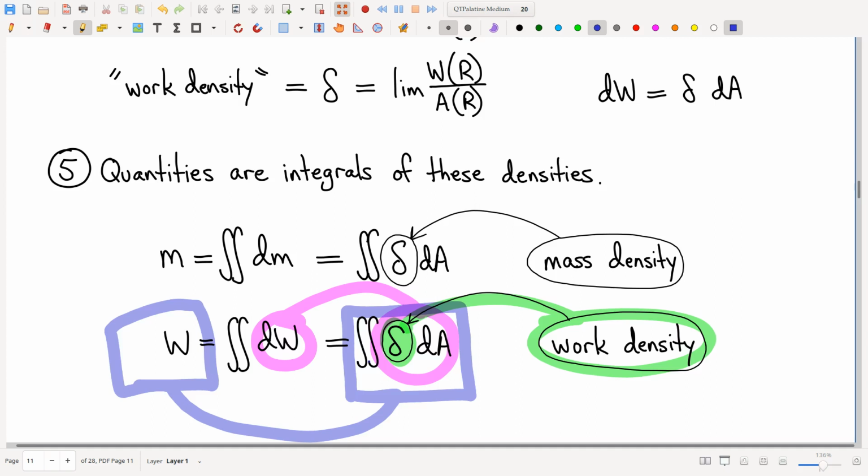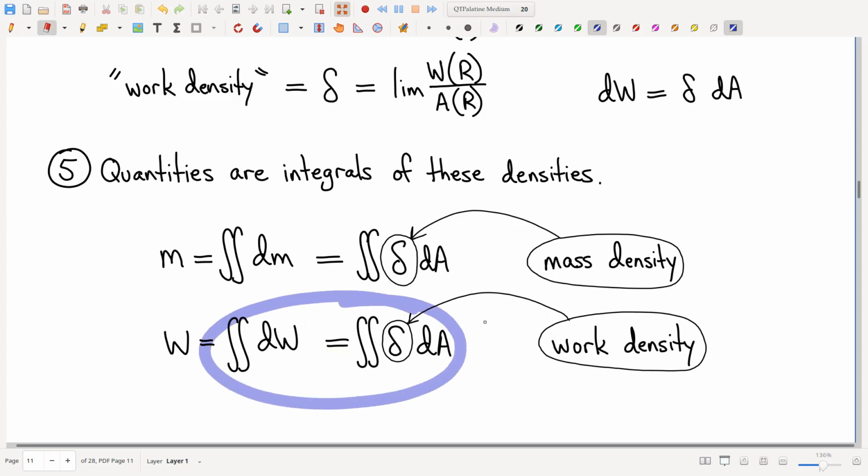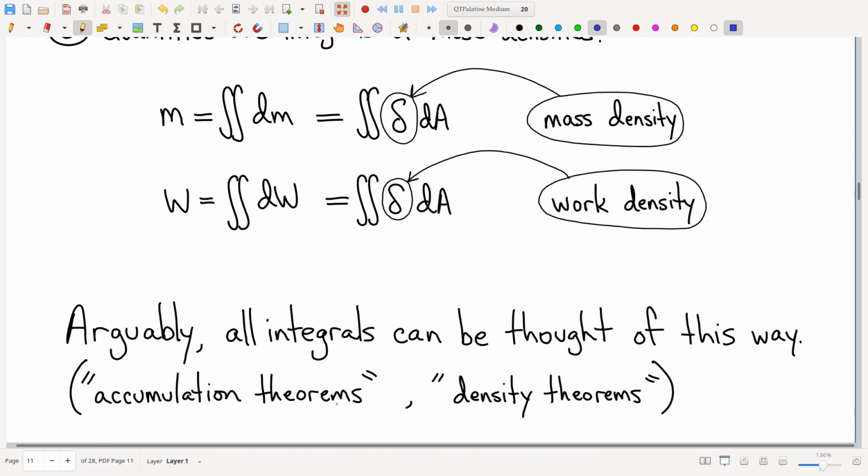You can write down these theorems where you say first the whole is the sum of the parts. That's the accumulation, and then there is this corresponding kind of density argument that allows you to turn this into an actual double integral. Okay. All right. So I'm going to call these accumulation theorems.